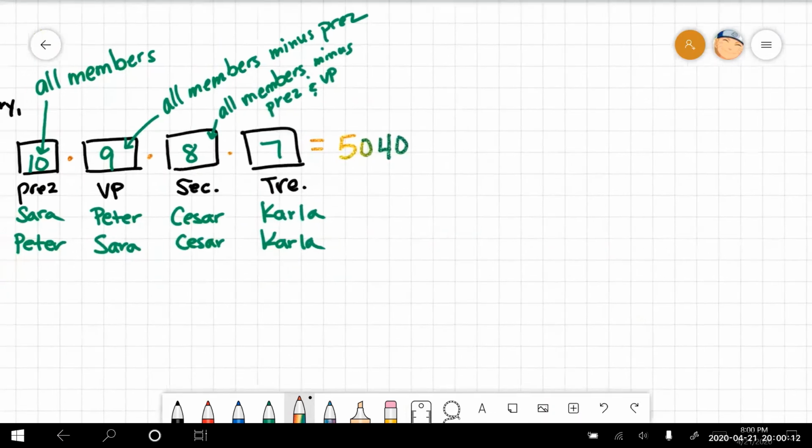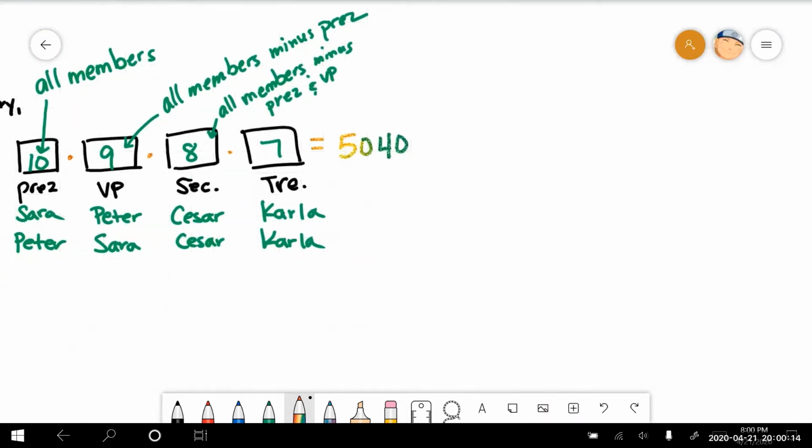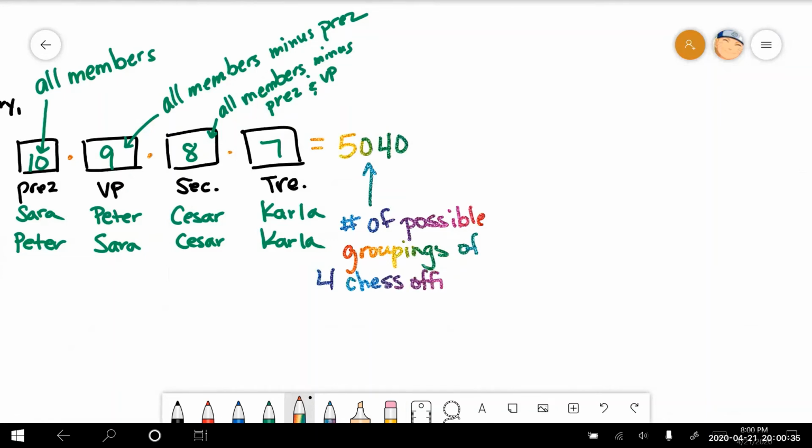So again, and I'm going to scoot this over a bit so we can focus just on the numbers. This 5,040 represents the number of possible groupings of 4 chess officers out of 10 members.